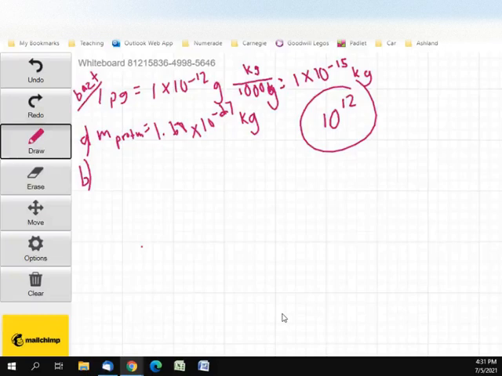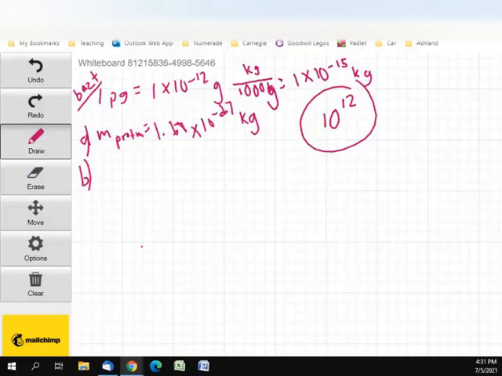B, DNA molecule. Well, let me look up the mass of a DNA molecule. Okay.